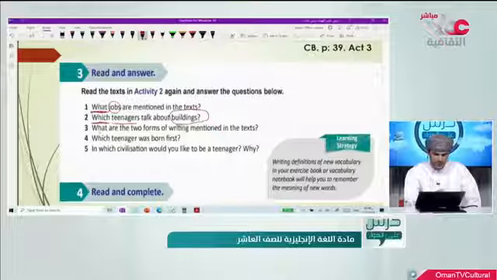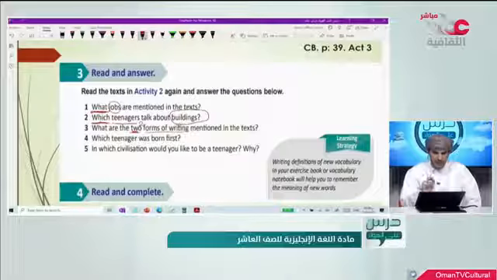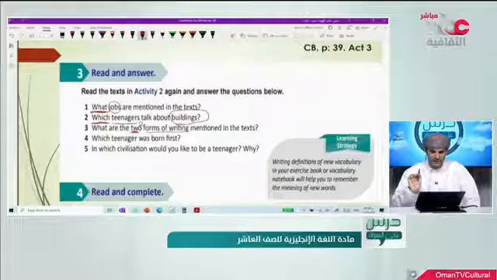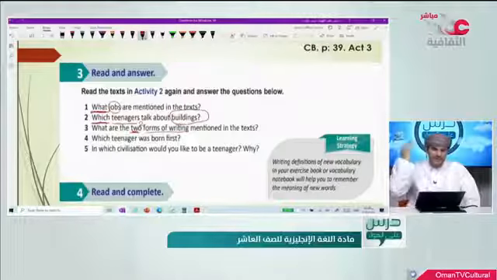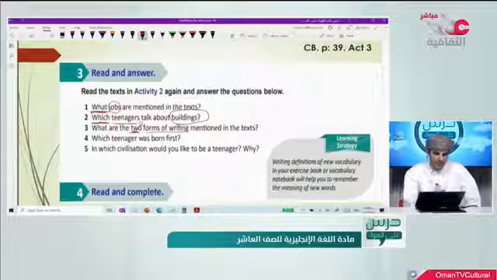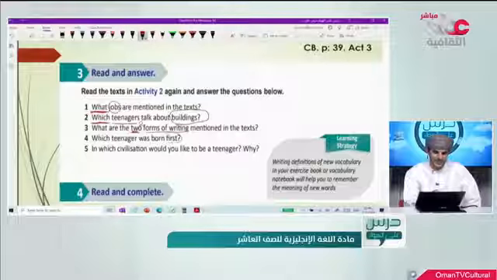Number 3, what are the 2? Okay, so he wants two what? Forms of writing mentioned in the text. When they write, how did they write in the past? Okay. 4, which teenager was born first?